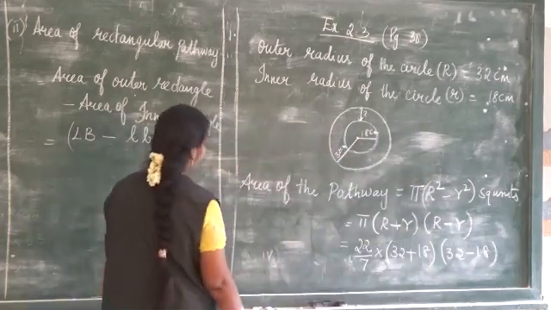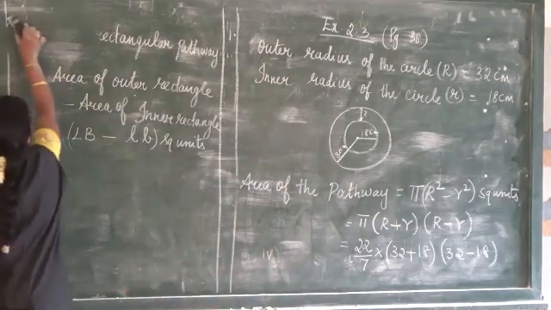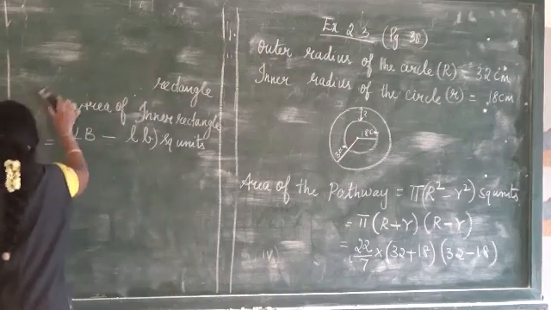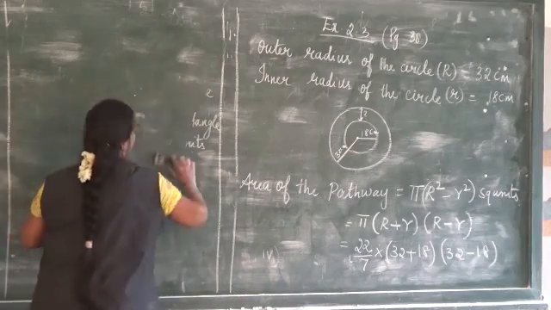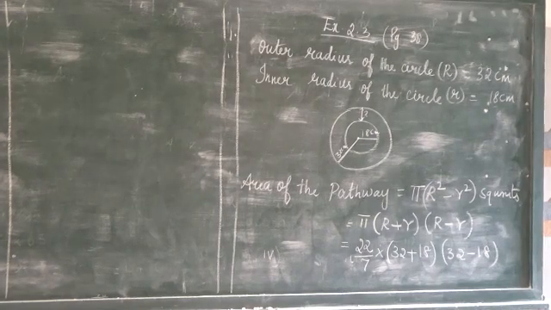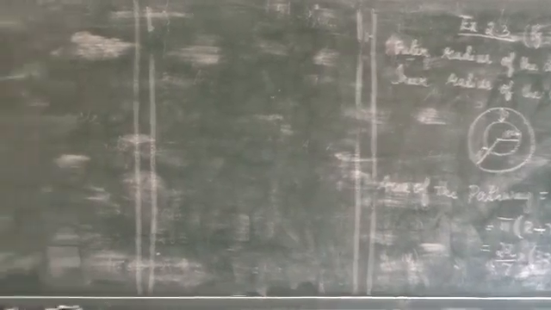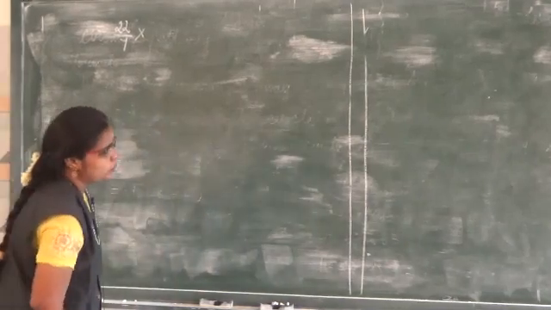So this is equal to 22 by 7 into 32 plus 18.